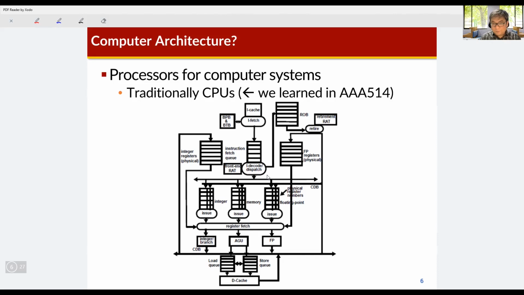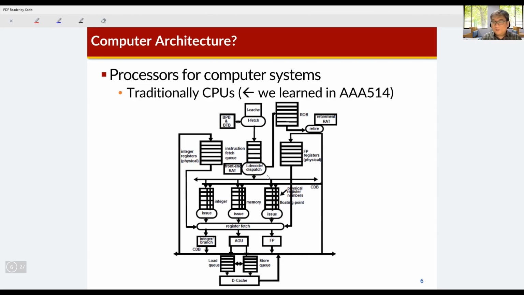Actually, I taught this out of order processor architecture in the spring semester of last year. So hopefully students taking this course can also understand this modern CPU architecture, but it's not mandatory.